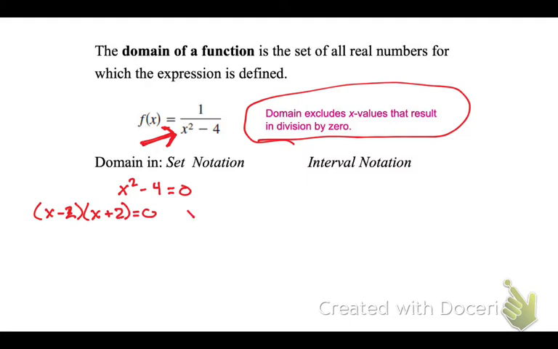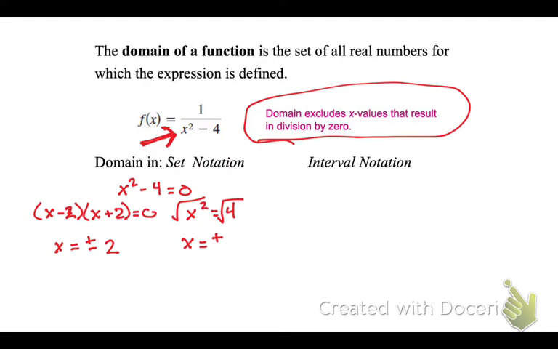And Savannah said you could add 4 over. You could. And then take the square root of both sides. And on the left, you're going to get x equals plus or minus 2, correct? And on the right, what are you going to get? x equals -2 and +2.